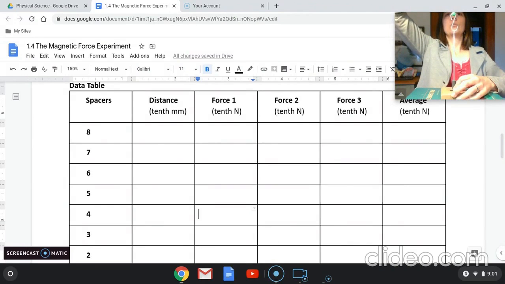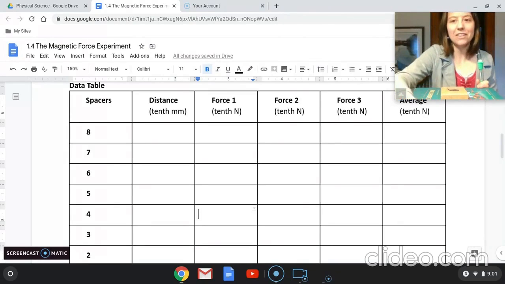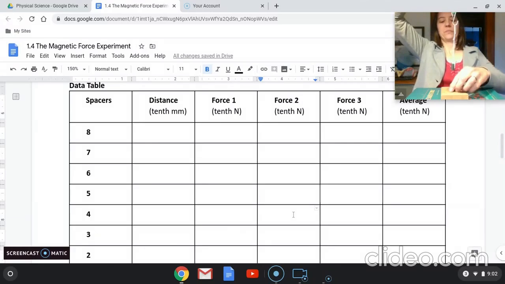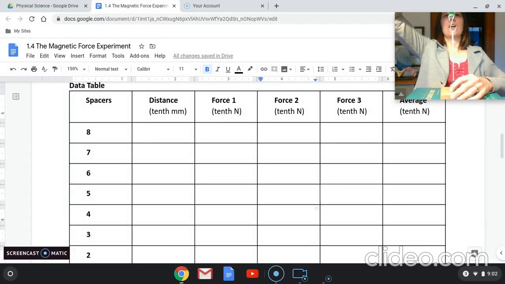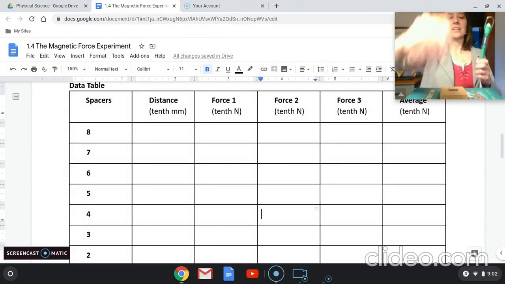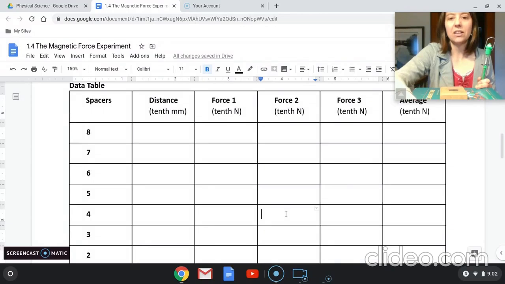So we've got 1 newton, 1.3, 1.4, 1.5, 1.6, 1.7 newtons right there. Let's do trial 2. We have 0.5, 1, 1.5, 1.6, 1.6 newtons right there.